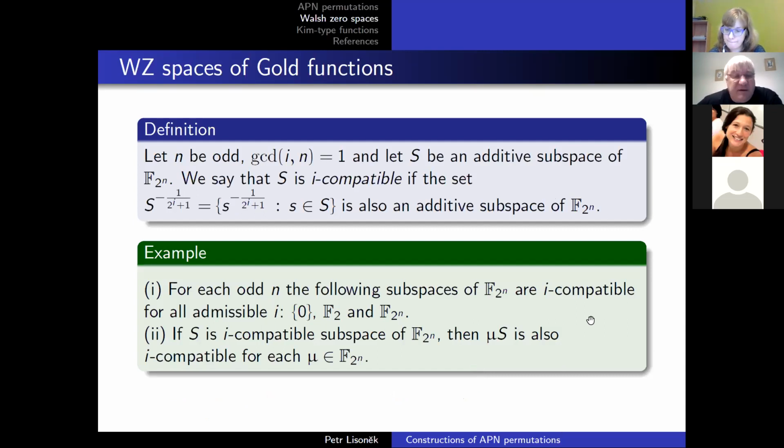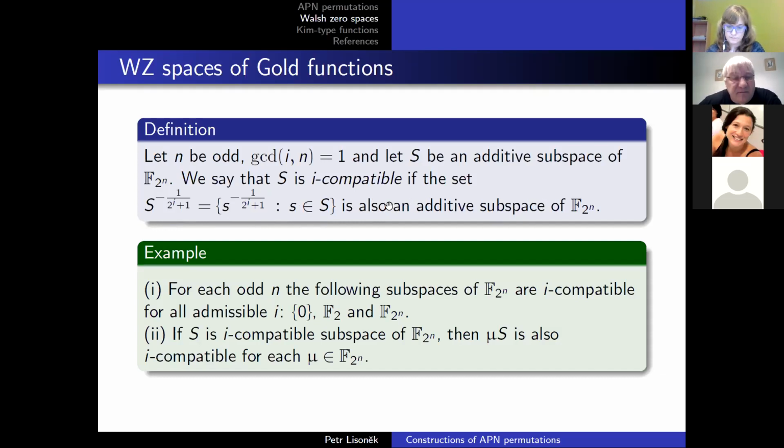We also have constructions that are based on vector spaces with special properties. When I have a vector space S, I can take the set of all these elements. You see, this is the second term in the trace test of Gold, right? In general this set will not have any particular structure, but if I'm very lucky, it could happen that this set is also an additive subspace.